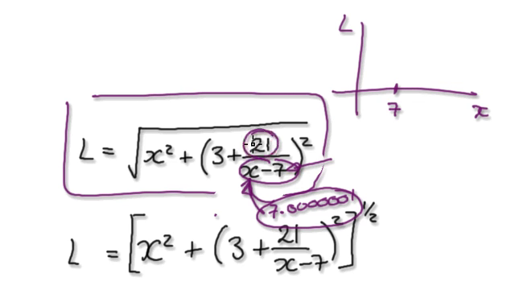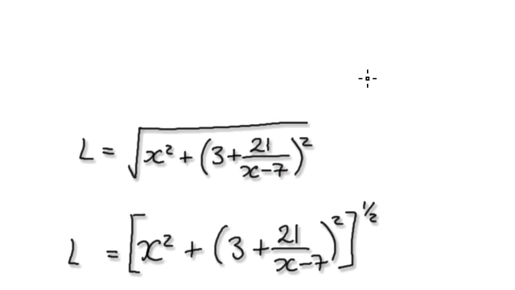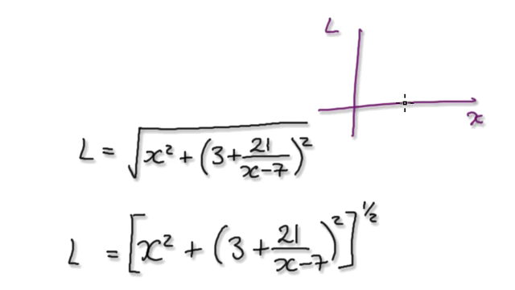Now 21 divided by a very, very small number would mean that this whole thing here would be very, very big. Okay, I know you have to think about this. When you put a number just to the right of the number 7, this thing here would be very, very small, positively small.